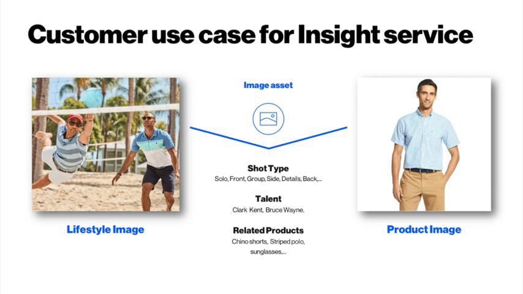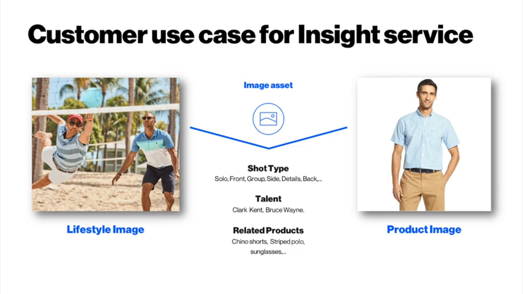They really want to take a look at their imagery and use the AI to look at the images and decide what sort of image it is. Is it a standalone product image of a model just wearing a couple of pieces of clothing? Or do they want a lifestyle image where it's multiple people active with the clothing in an environment?